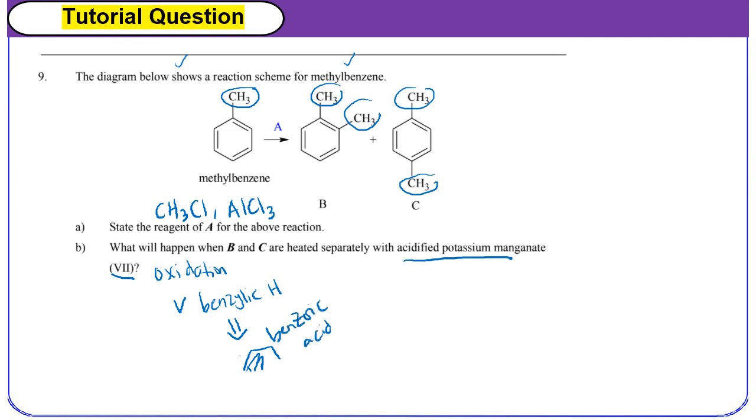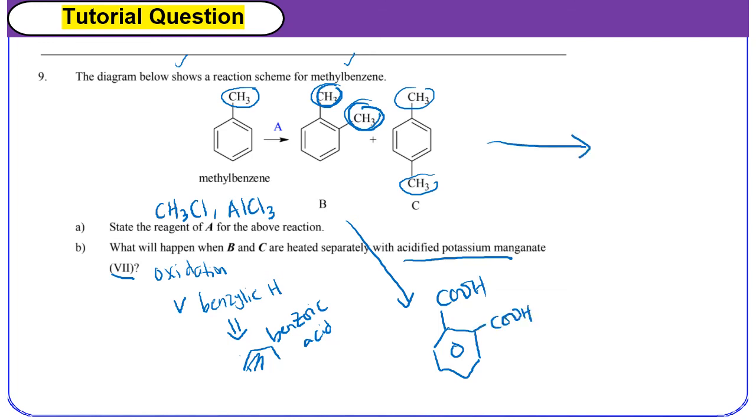So because of here we have two group of the alkyl group, so the B will become like this, and the C also same. There is two benzylic carbon, and each benzylic carbon has the benzylic hydrogen. So the structure of the CH3 will replace with the COOH.